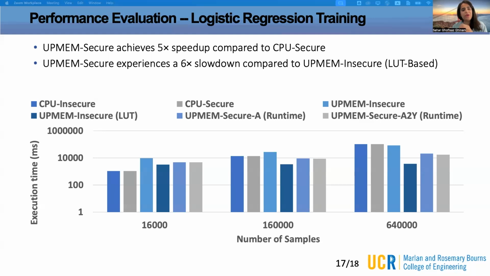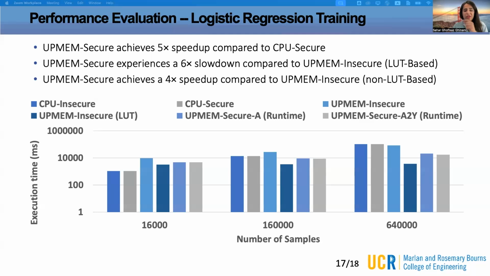However, it experiences a 6 times slowdown compared to UPMEM Insecure with a LUT-based implementation of the activation function. But it's worth mentioning that we achieve a 4 times speedup compared to UPMEM Insecure with the non-LUT-based implementation of the activation function on the PIM.